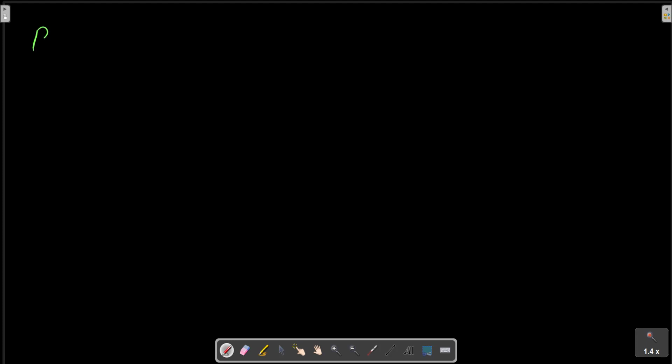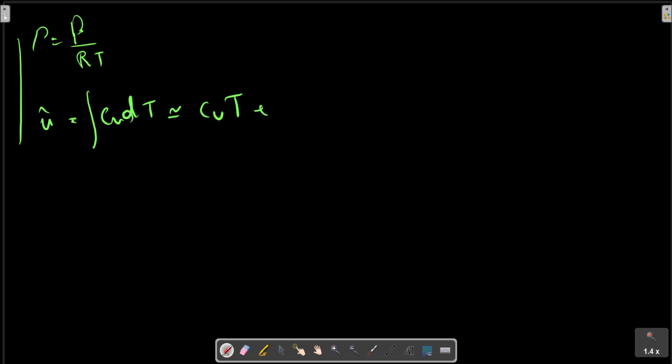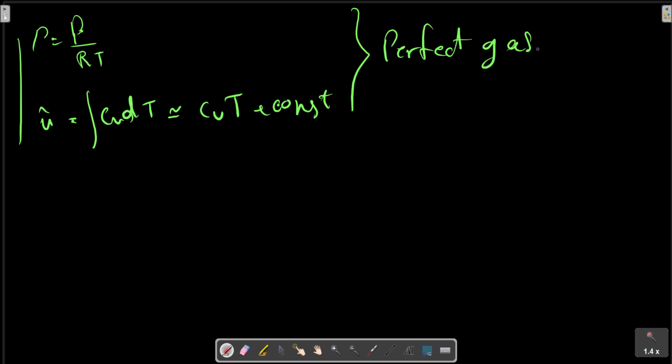Rho is P on RT in a perfect gas assumption, and the internal energy equals the integration of CV dT, which equals CV T plus a constant for a perfect gas.